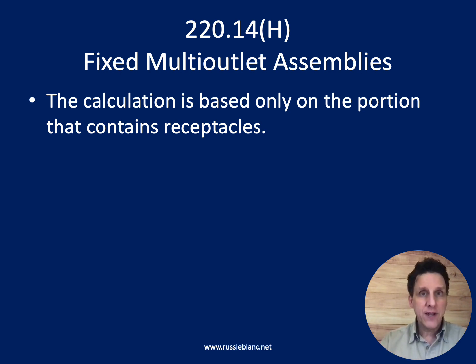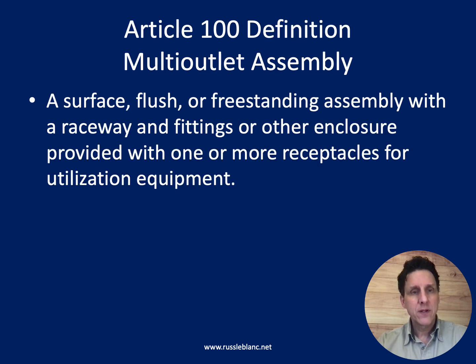So now would be a good time to take a look at a definition. What is a multi-outlet assembly, right? I had a picture at the very beginning. I'll show you some more. There is a definition in Article 100, and it says this: a multi-outlet assembly is a surface, flush, or freestanding assembly with a raceway and fittings or other enclosure provided with one or more receptacles for utilization equipment.